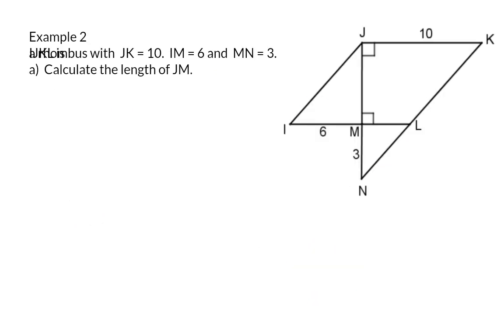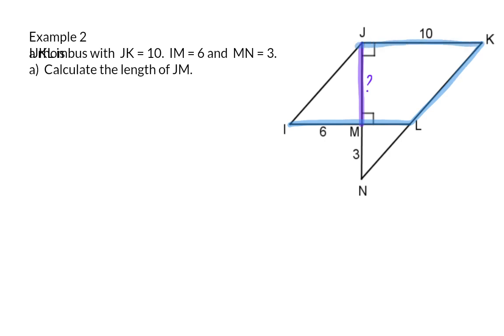In the next example, you will see that we also need our knowledge from geometry of 2D shapes. We are given that IJKL is a rhombus with JK 10, IM 6, and MN 3. The first question is to calculate the length of JM. I'm going to start off with the given facts.